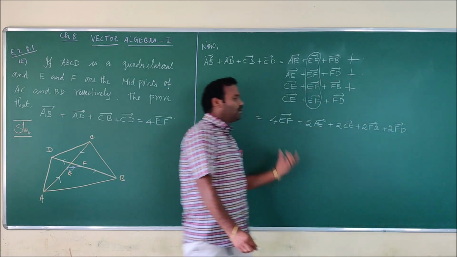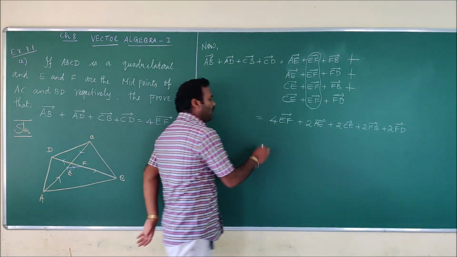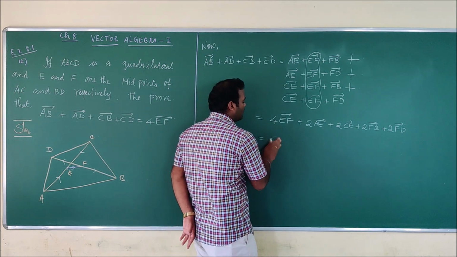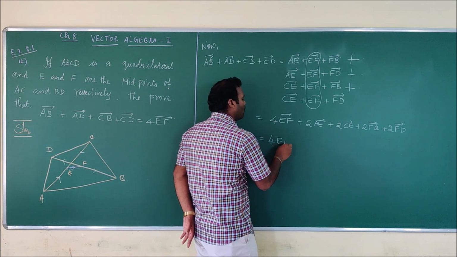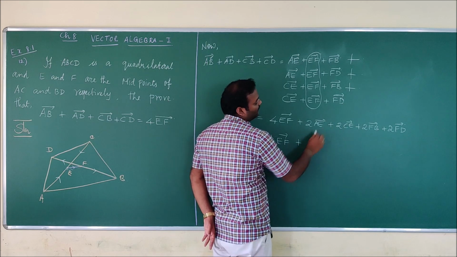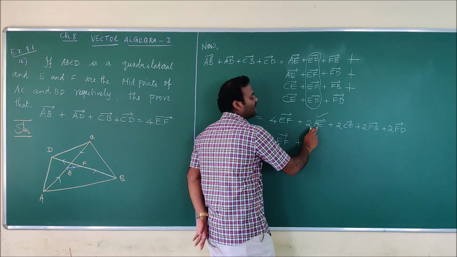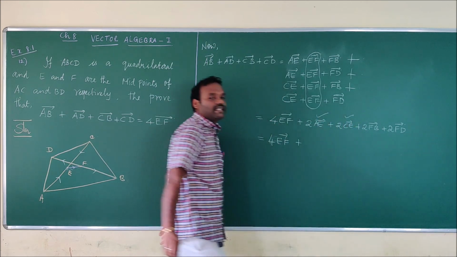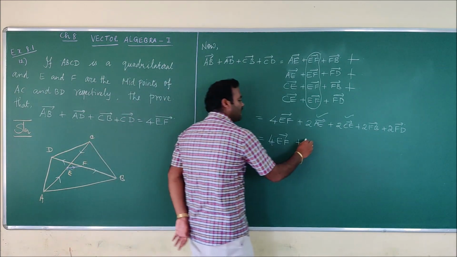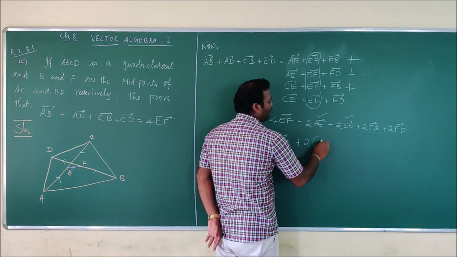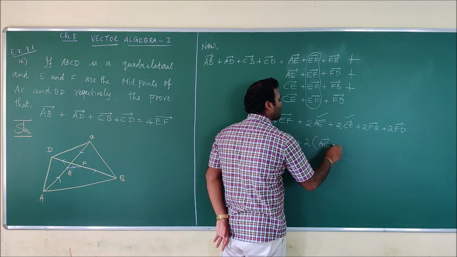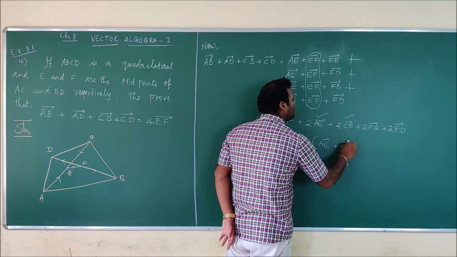Now I am going to group the terms. 4 into EF vector, plus you club AE vector and CE vector together, taking 2 in common, so AE vector plus CE vector.